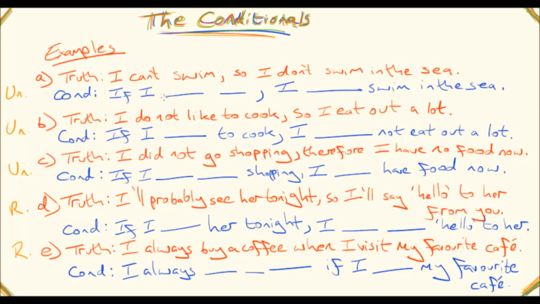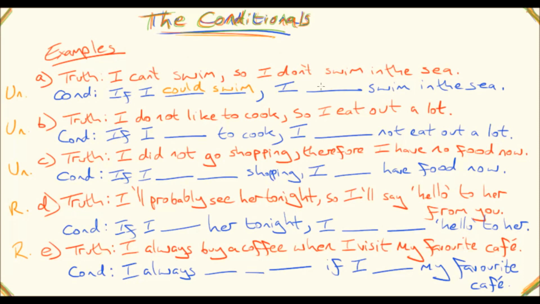The truth: I can't swim, so I don't swim in the sea. Well, can't, having a look at your diagram, can't or can backshifts to, that's right, if I could. And now we've got modal verbs, so the next verb has to be a base form, and it's our main verb. If I could swim, so we've got if on one side.